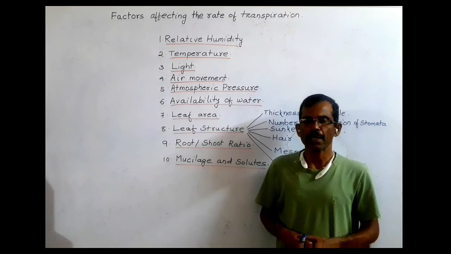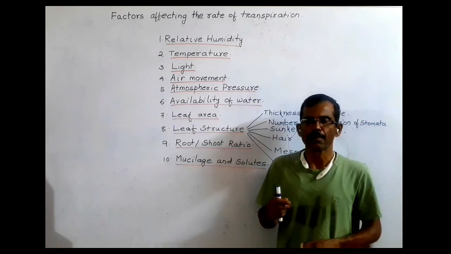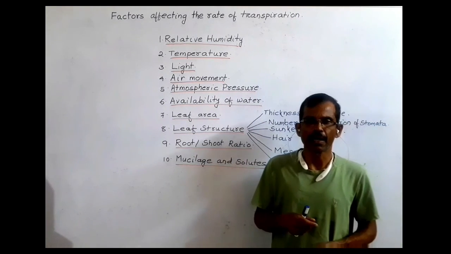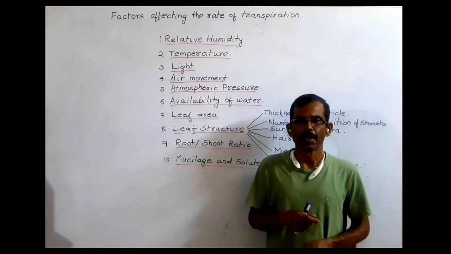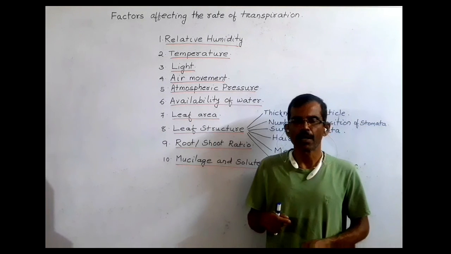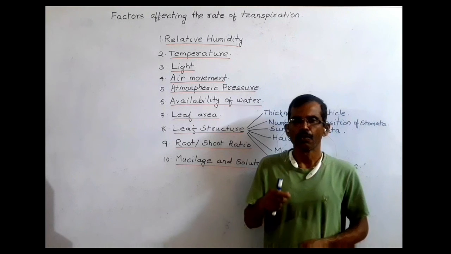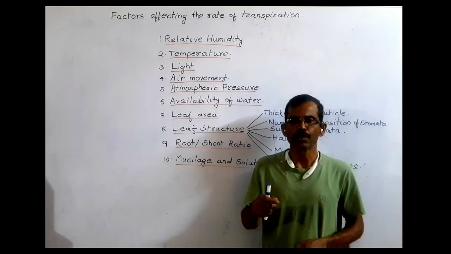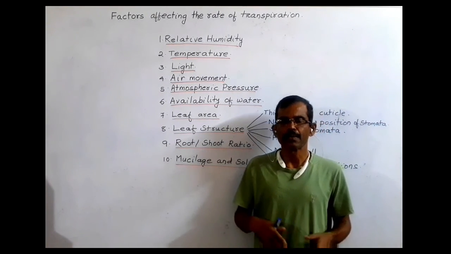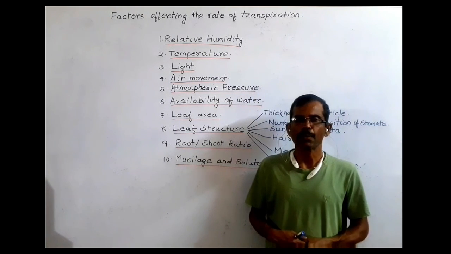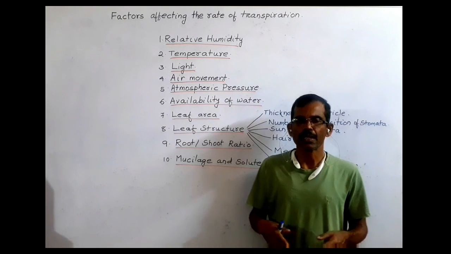Relative humidity is a measure of the amount of water vapor present in the air at a given condition, relative to the amount of water vapor present in the air when it is saturated with water vapor at the same temperature. So when the relative humidity of the air decreases, water potential also decreases.